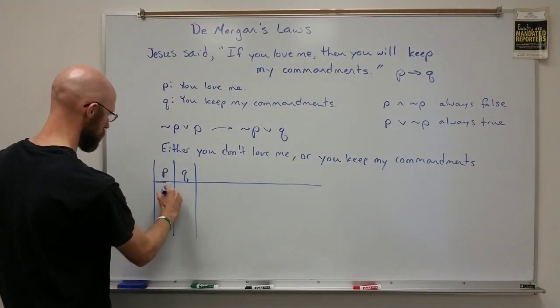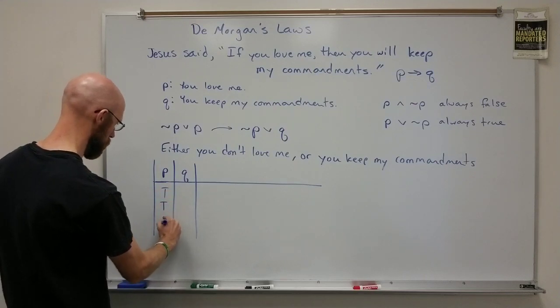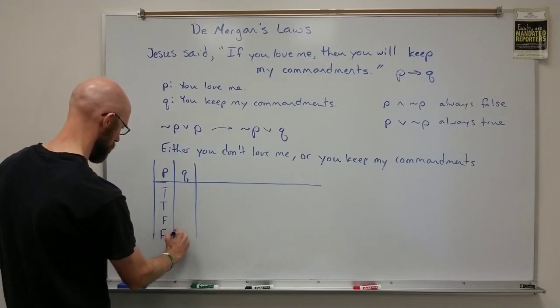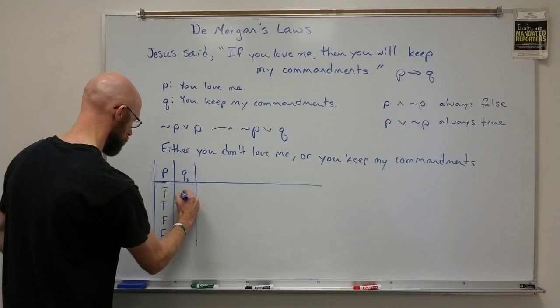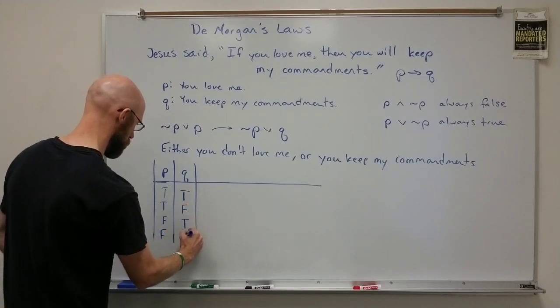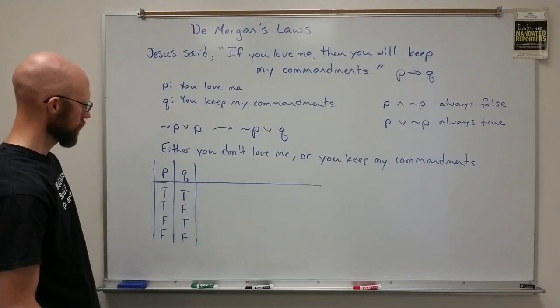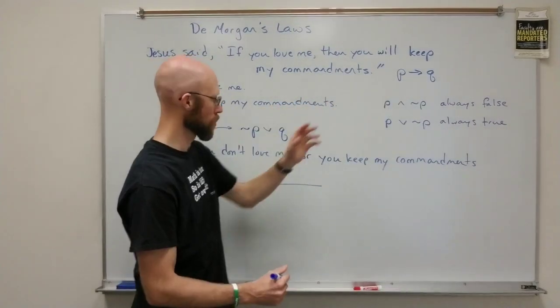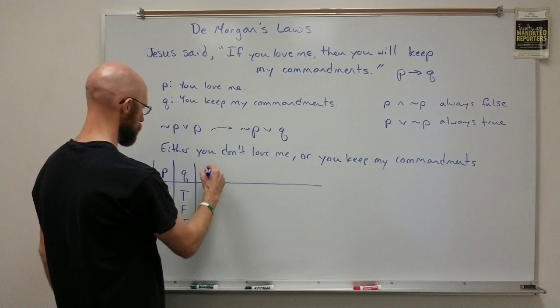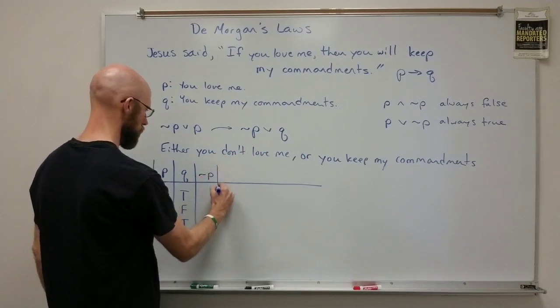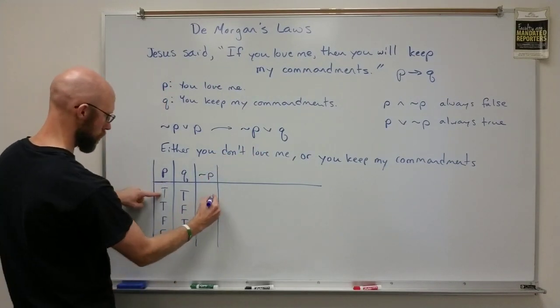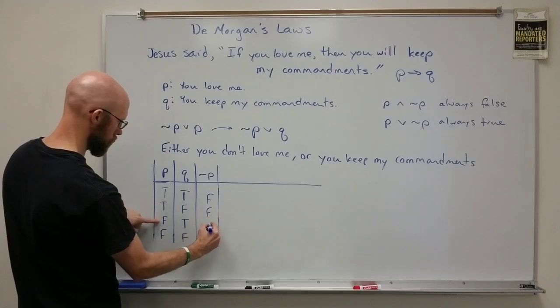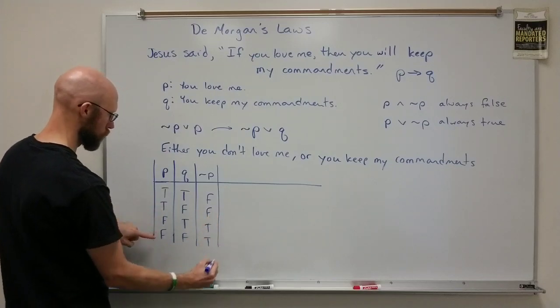All right, so P is true, true, false, false. Q is true, false, true, false. And I'm looking at P implies Q. Now let's put not P in there. Let's start with that one. I know not P is going to be false, false, true, true.